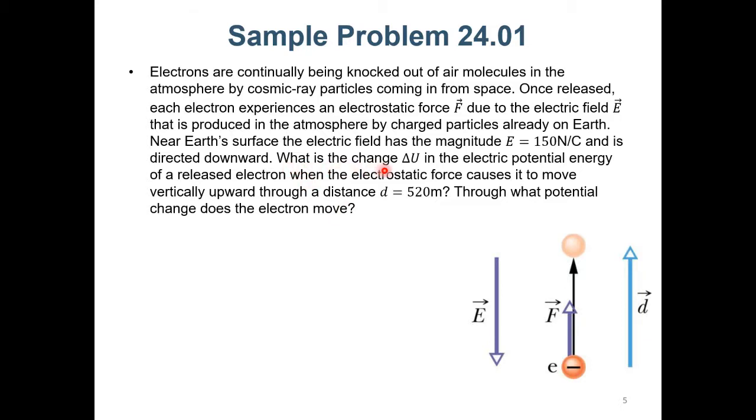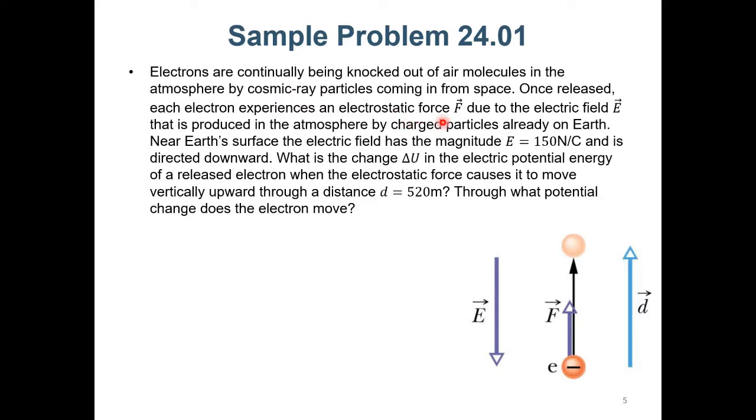What is the change delta U in electric potential energy of a released electron when the electrostatic force causes it to move vertically upward through the distance d equals 520 meters? So what potential change does the electron move through?